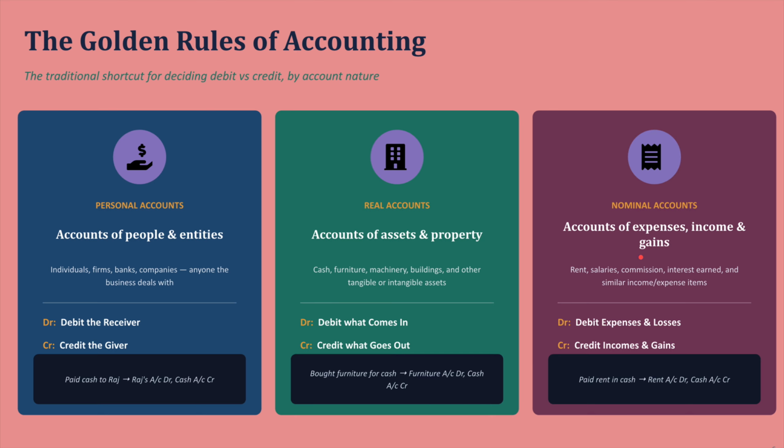Nominal accounts include all the expenses, incomes and gains. All the salaries, commission, interest earned, or all the expenses that are paid, will come under the nominal account. For the personal account, it is debit the receiver, credit the giver. It's like a rule or formula that you have to remember.